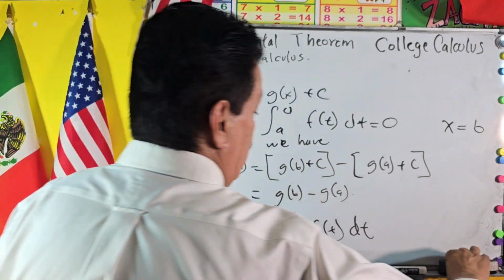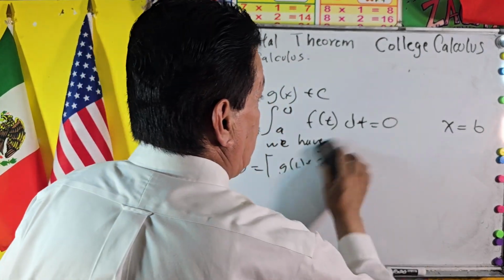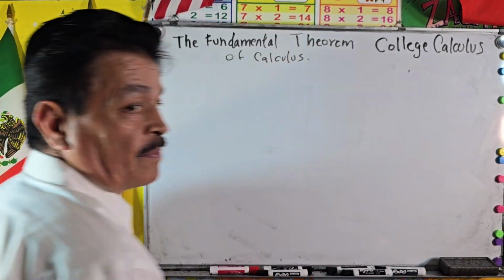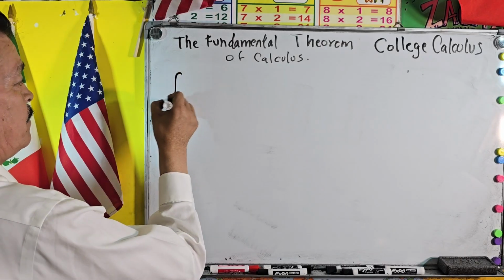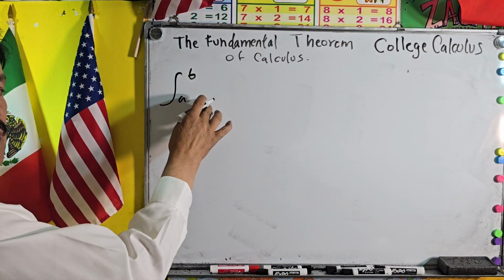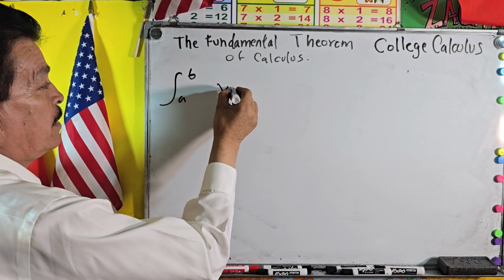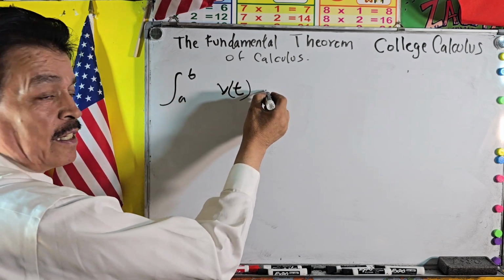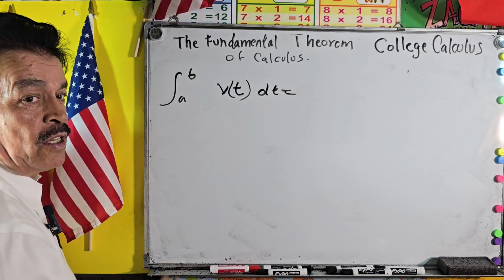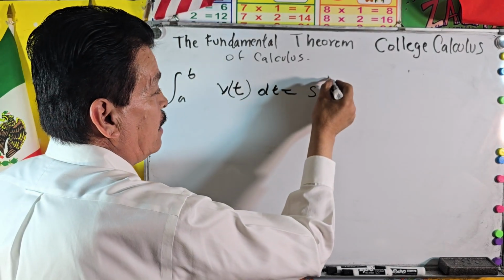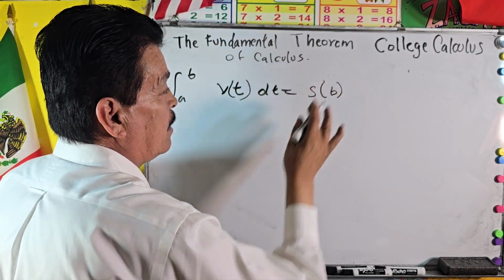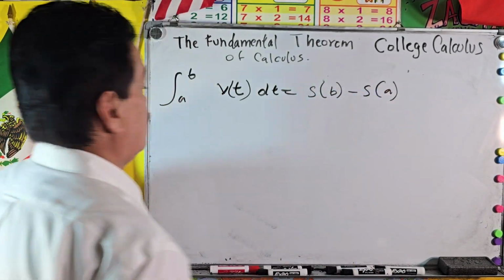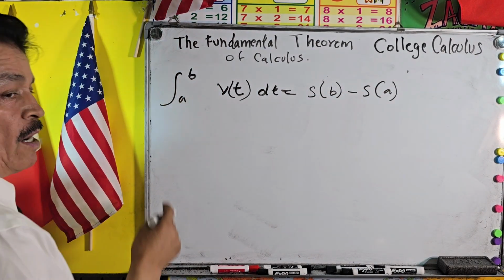Let me erase this and write the last step, number 6. Just write right here, a to b. This is our formula: the integral of f of t differential t equals S of b minus S of a.